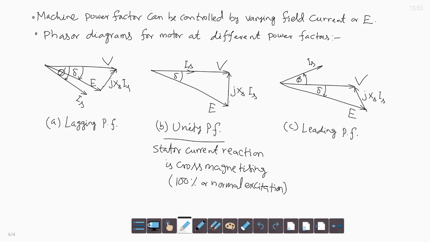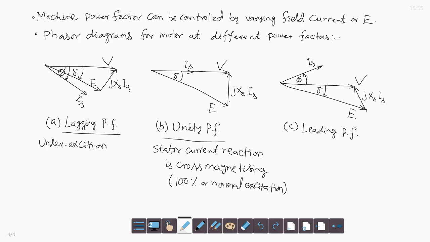If current is lagging, that is under excitation, so this is the case of under excitation. Why?